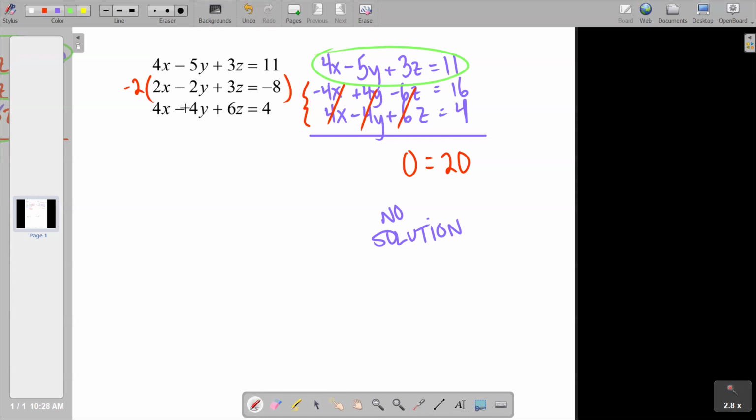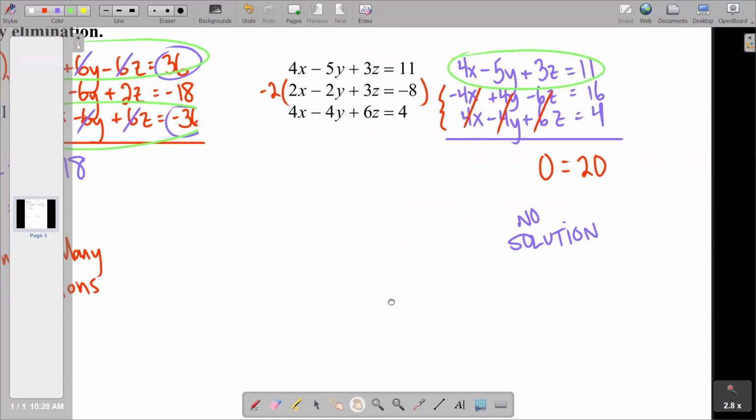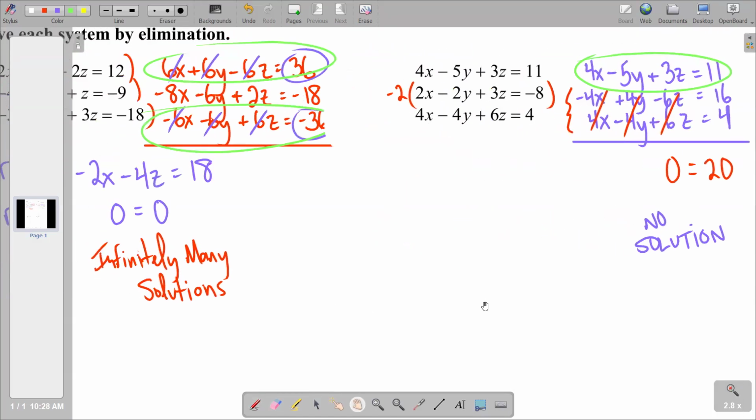Do you see how the 4 and the 5 and the 3 do not proportionally match up to the 4 and the 4 and the 6? You buy that, right? That's why it has to be tilted in a different way, meaning it has to cross. And that's not as important in this problem because we've already established that if the bottom two are parallel, who really cares about the top one? But that thinking is very important in the first problem.